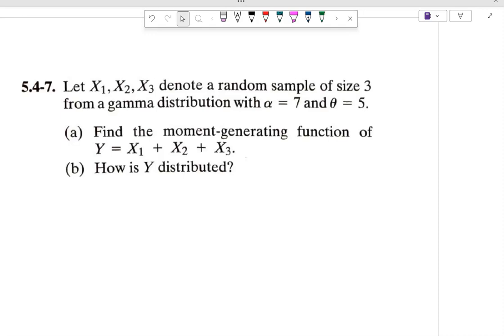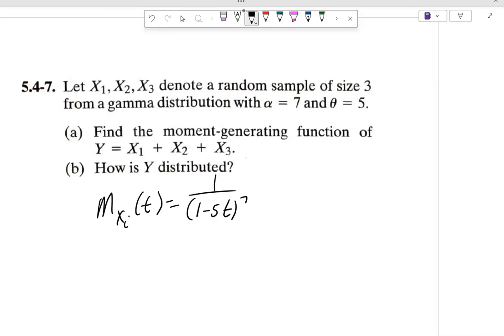What parameter is going to change? Is the theta going to change or is the alpha going to change? The alpha is going to change, right? Because your moment generating function for each of your X's here is going to be 1 over 1 minus 5t to the 7th, because alpha is 7 and theta is 5.